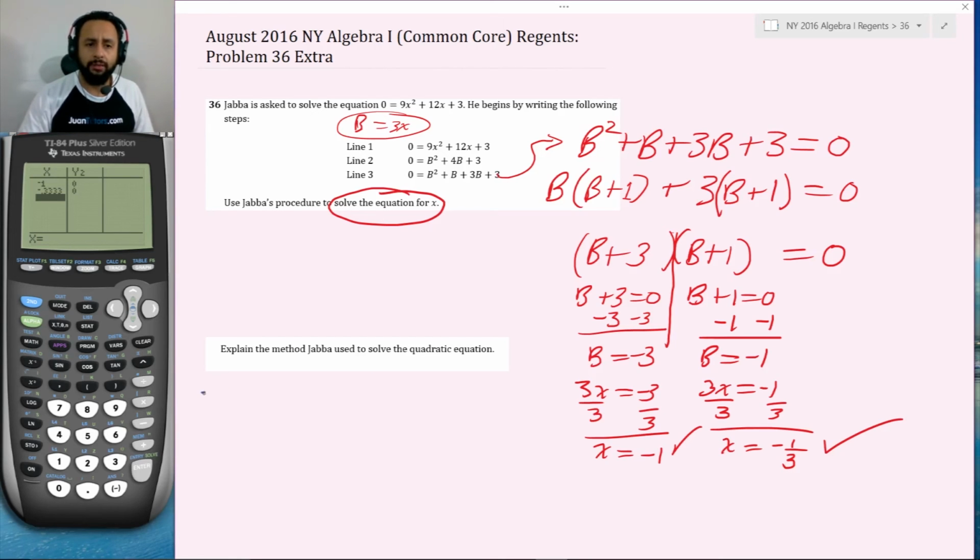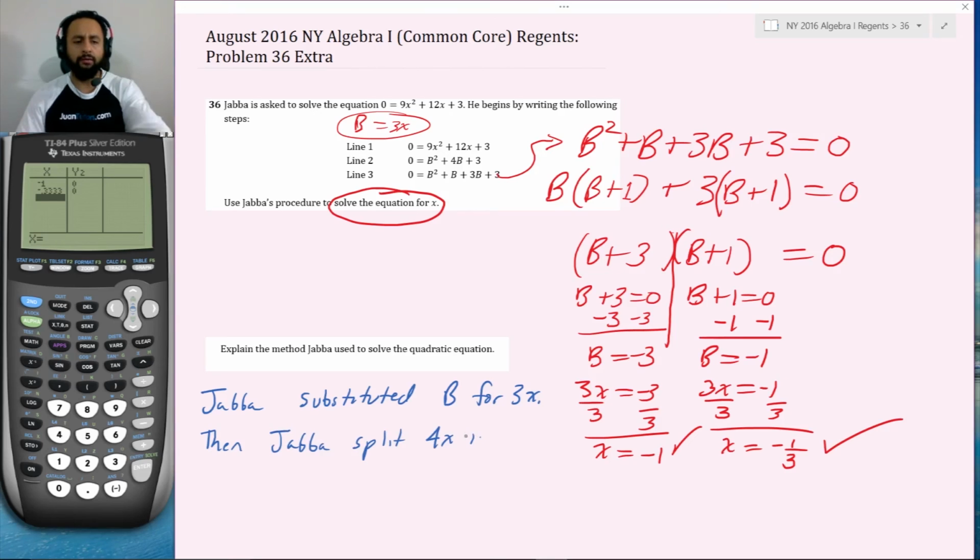So Jabba substituted b for 3x. Okay, then Jabba split 4x into, I'm sorry, not 4x, 4b into b and 3b.